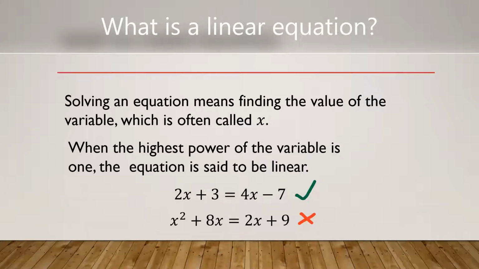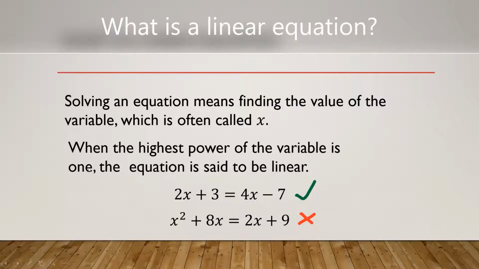Okay, so if you look at the first of our examples, 2x plus 3 is equal to 4x minus 7, we see there that all of the terms in x have a power of 1. I mean, x has the power of 1, right?